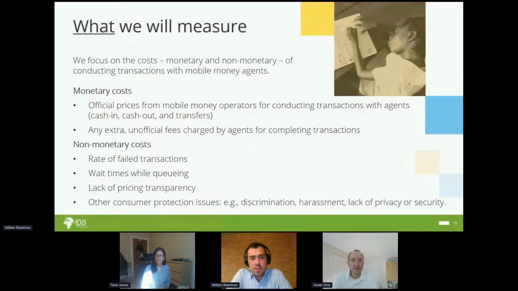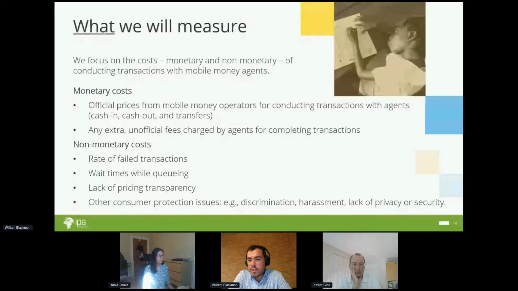So starting off, what will we measure? What is our focus? And I've talked about this a fair amount already, so I can move relatively quickly through this. We are focused on understanding the total cost of using digital financial services, monetary and non-monetary costs. We are also focused on measuring the costs of using digital financial services specifically with agents.